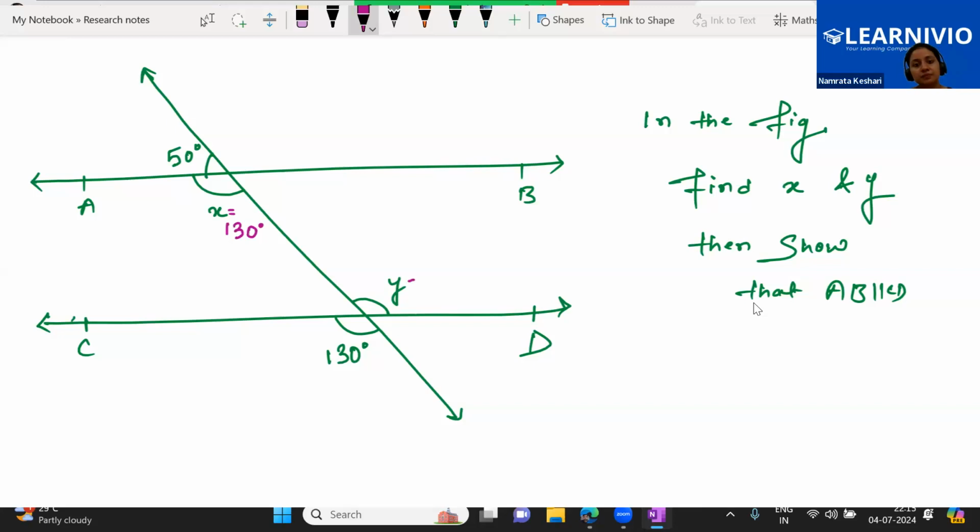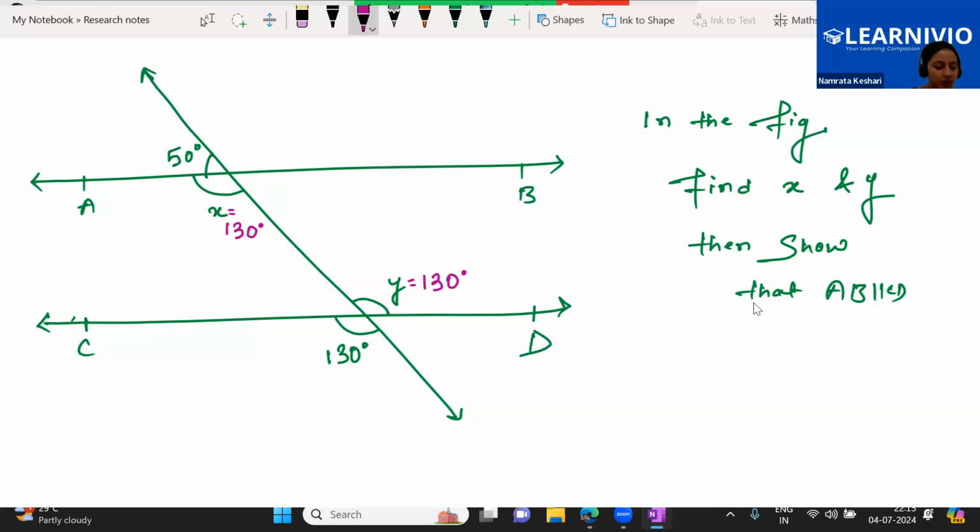What is Y? Ma'am, 50. Y is 50? No, ma'am, 130. It will be 130 by which property? Alternate interior angle. No. Y, how did you get Y as 130? Ma'am, vertically opposite angle. Exactly, vertically opposite angle.